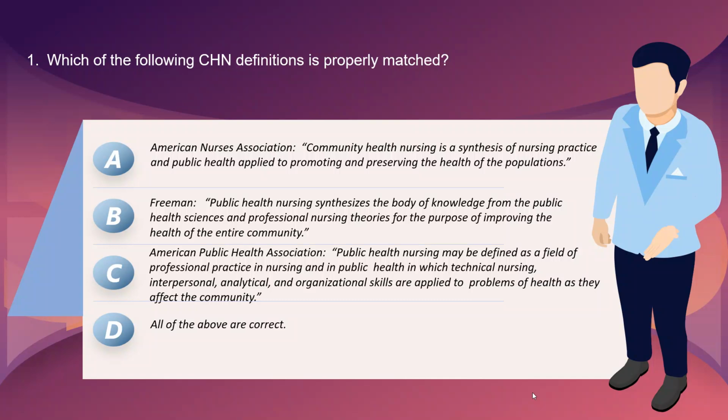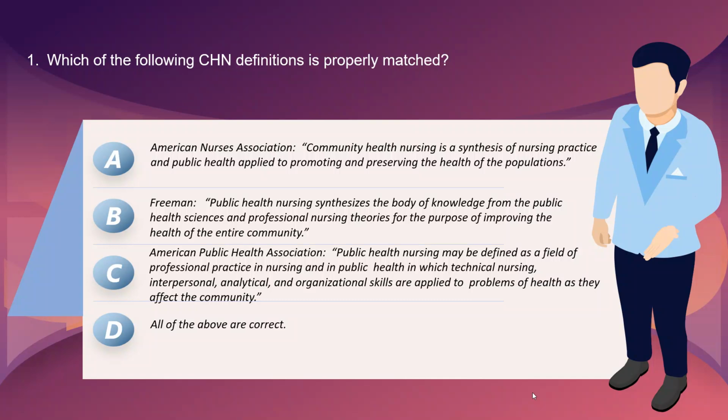That is the American Nurses Association. Community health nursing is a synthesis of nursing practice and public health applied to promoting and preserving the health of the population. So this is the best definition, and it comes from the American Nurses Association.